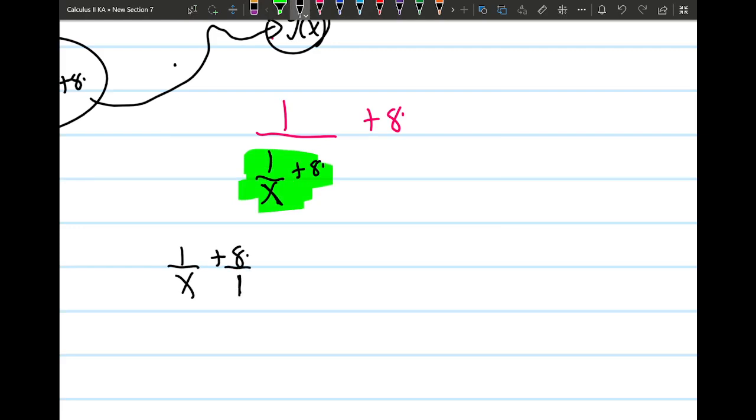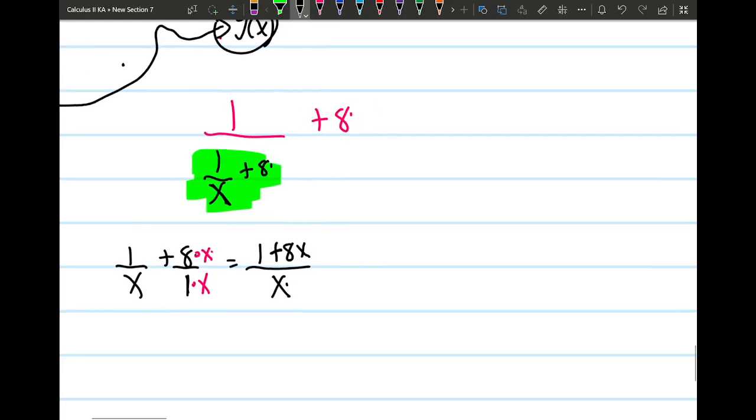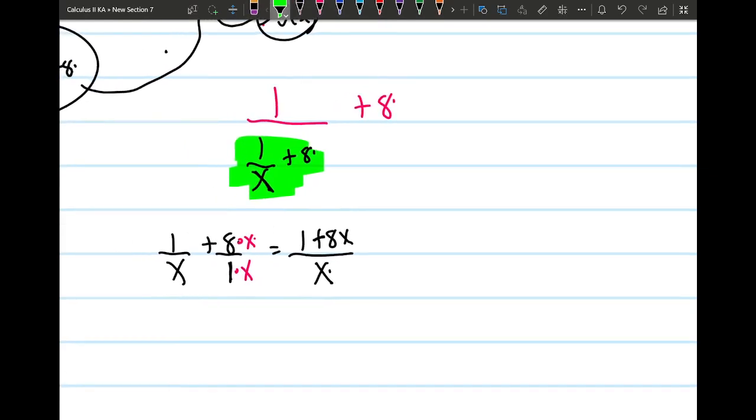I'm going to just put it over 1. And I know my common denominator, since it's a variable, I just multiply by that variable on top and bottom. And then this will give me 1 plus 8x over x. So I know that that's what's going to go in the bottom for this part here.